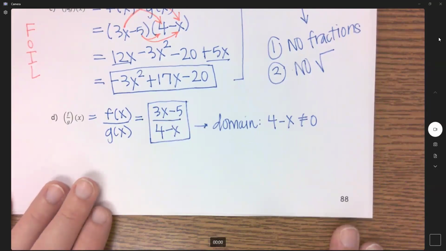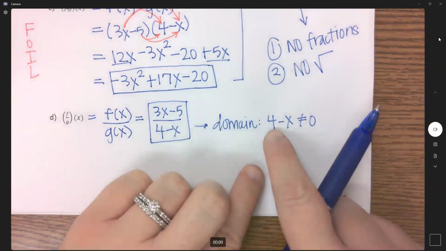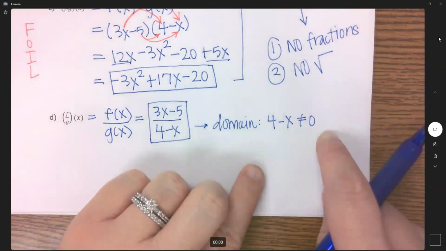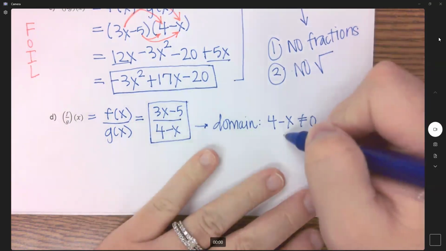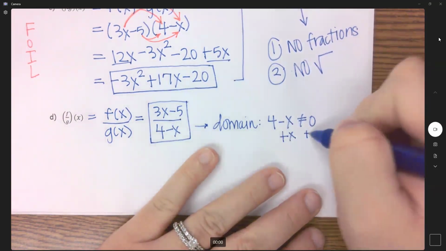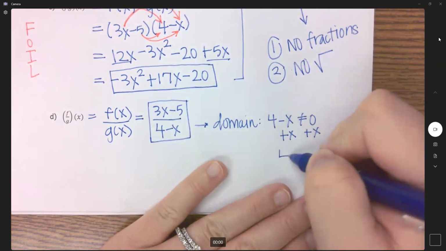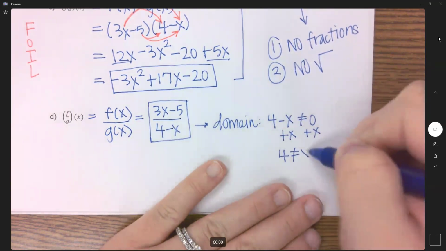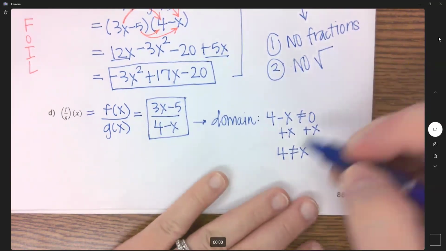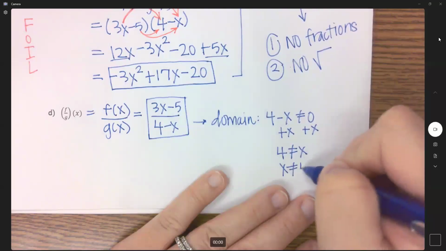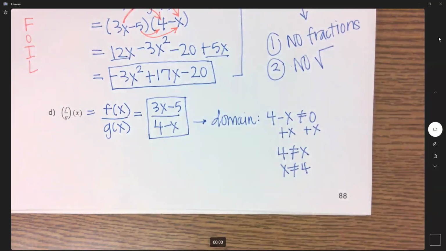You can do this one of two ways. You could subtract the 4 over and then divide by negative 1, but the easiest way here is simply to add this x over. So I'm going to get 4 cannot equal x, which is the same as saying that x cannot equal 4.